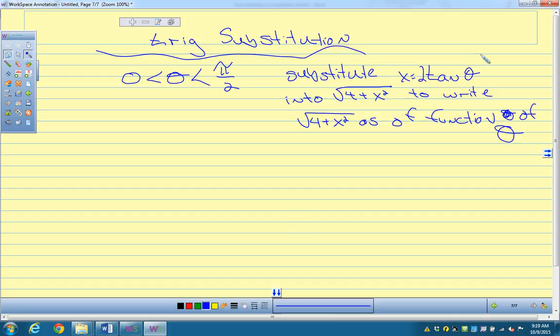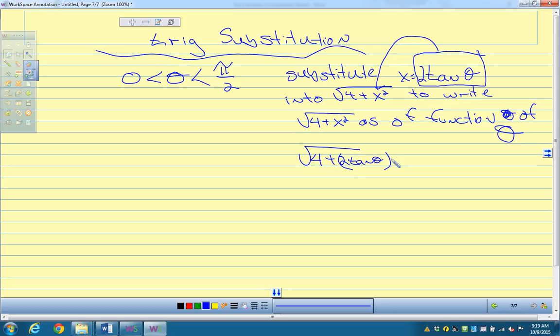So what you do is you take this and you sub it into here, and when you do that, you have the square root of 4 plus 2 tan theta quantity squared, and that is equal to the square root of 4.